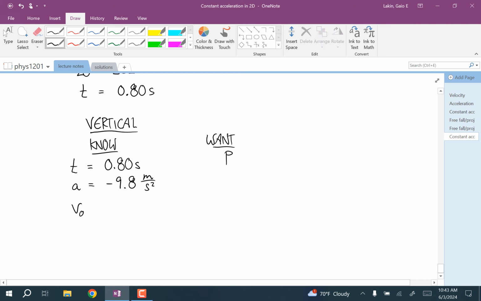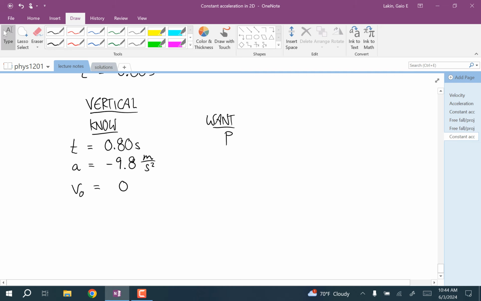And then V sub 0 for the vertical part is 0. And we'll use P is equal to V0 times t plus 1/2 A t squared.